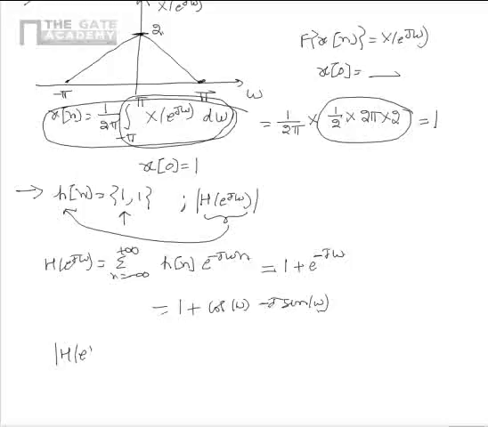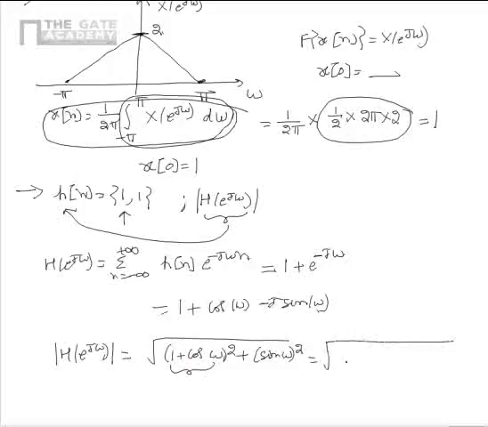From this, the magnitude of h of e power j omega is equal to the square root of the real part, that is 1 plus cos omega whole square, plus the imaginary part, that is sin omega whole square. But we know that 1 plus cos omega is equal to 2 cos square omega by 2. So this becomes 4 cos power 4 omega by 2. Similarly, sin omega is equal to 2 sin omega by 2 cos omega by 2. So this becomes 4 sin square omega by 2 multiplied by cos square omega by 2.